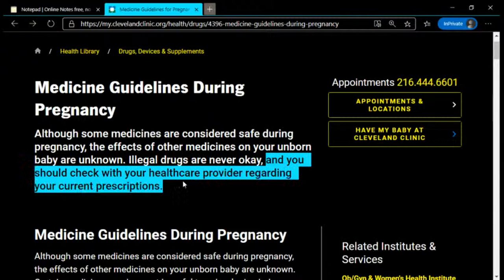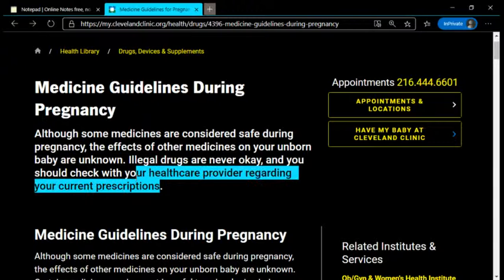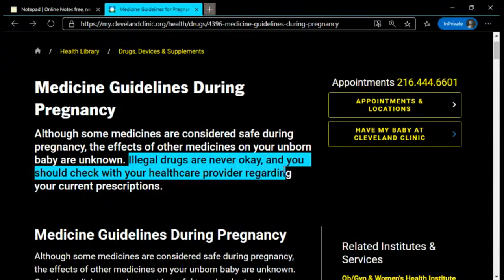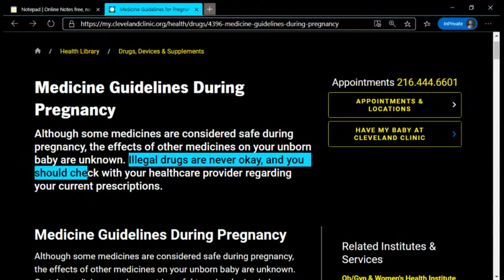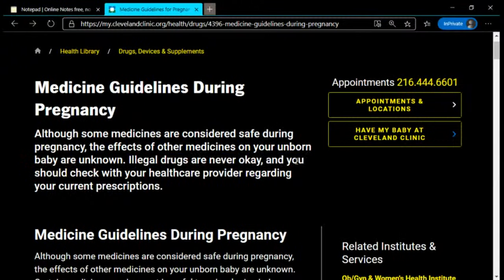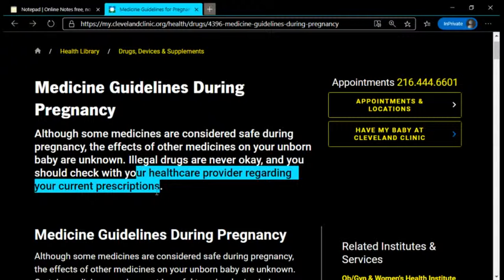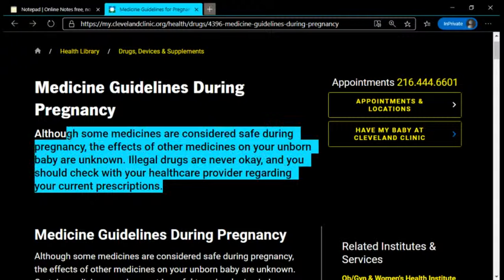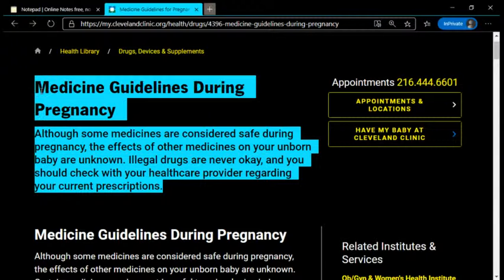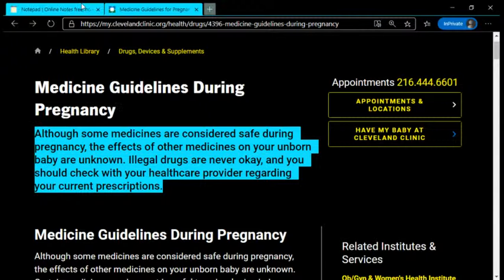You should check with your healthcare provider regarding your current prescription, about any specific prescription.